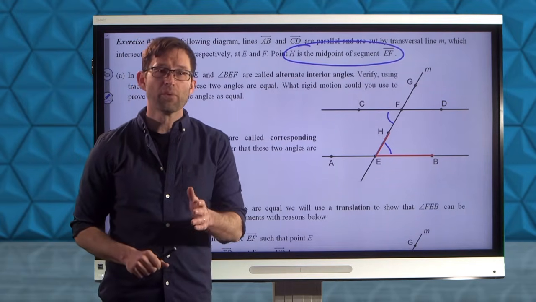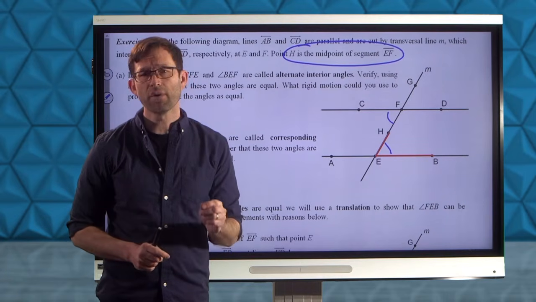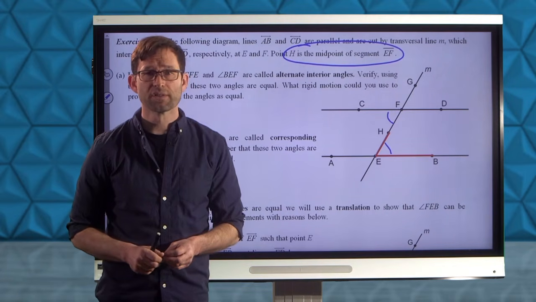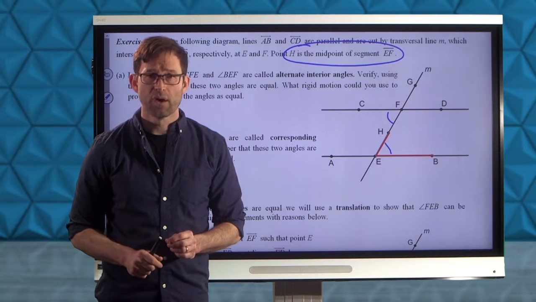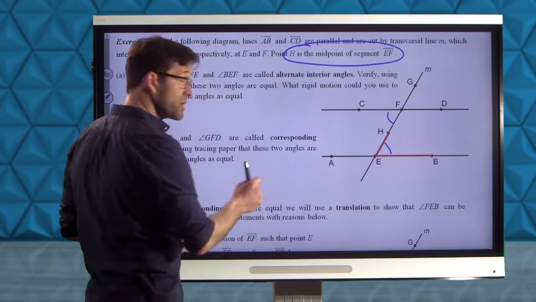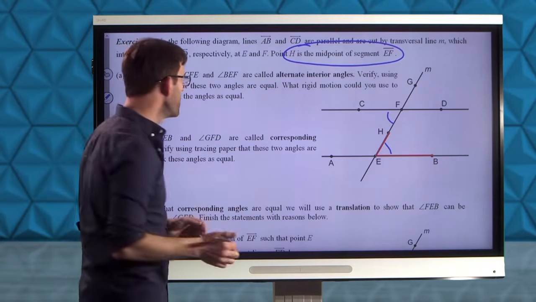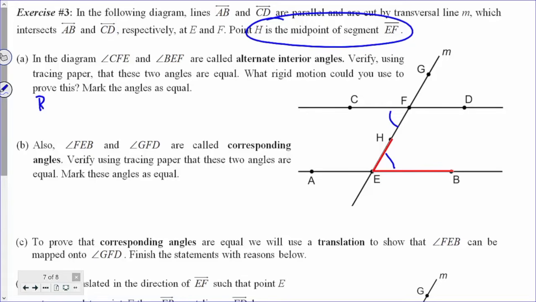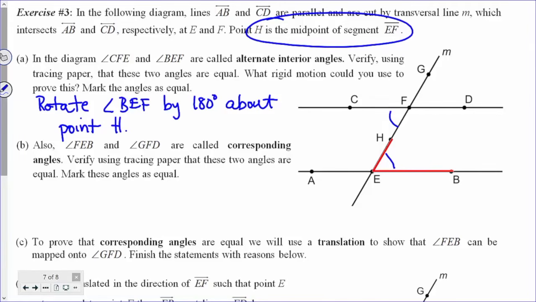All right. If this problem looks familiar, it is. We did something very, very similar, and one could argue almost identical to this, back when we did our lesson on rotations, okay? And the plain fact is that you can actually prove, we're not going to prove, we're just kind of experimentally showing, that if you rotate angle BEF by 180 degrees about point H, we even looked at why that's true, but let's take a look at it.